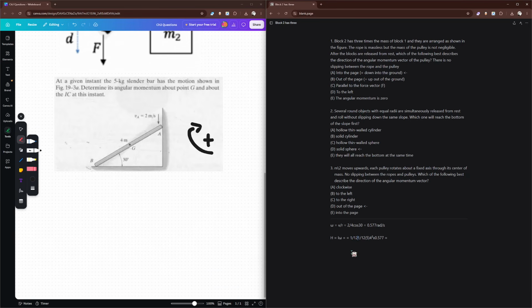So it's 1 over 12 m L squared, which is equal to 1 over 12 times 5, which is the mass, times 4 squared times 0.577, which will then be equal to 5 times 16 times this, all divided by 12, gives us an angular momentum of 3.85 kilograms meters squared per second, right? And since it's positive, that means that the angular momentum is clockwise, which we took to be our positive direction.